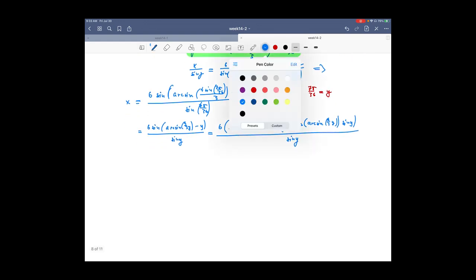And of course, sine of arcsine is just the argument.